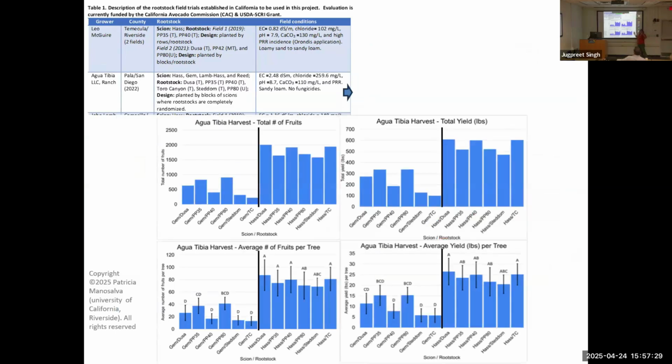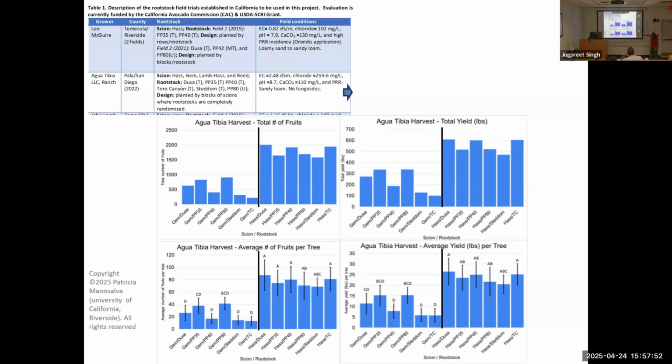This is the replicated rootstock trial that I was telling you about, when we were looking at the one in Florida. This is the harvest of Haas and Gem on the 3 rootstocks, 35, 40, 80, which we decided to plant because we know this field has a problem with salinity, so we don't want to put in 45, which is sensitive to salinity.